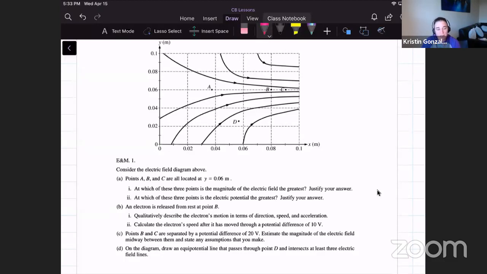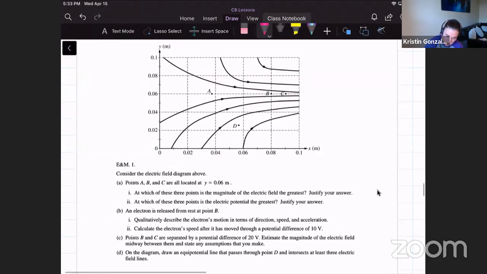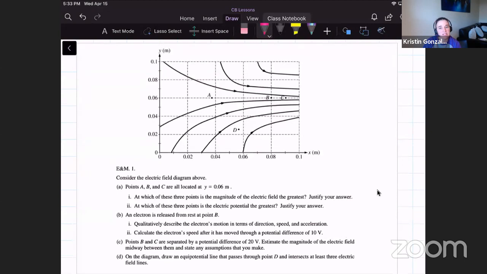So I'm going to give you just a couple of minutes here. First of all, I want you to mark up and write some different things on that electric field line diagram. What kinds of things stick in your head that you would label or draw on that mapping? Then I want you to answer A and B for me. I'm going to give you a couple of minutes to think about what you would say, jot down some stuff on a piece of paper, and then we'll discuss.